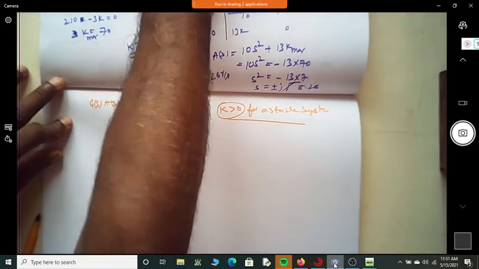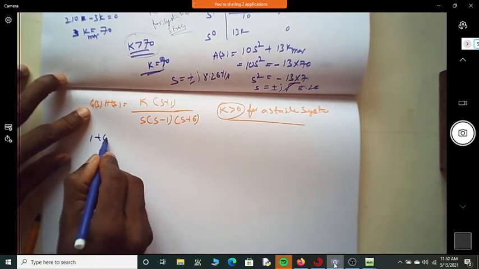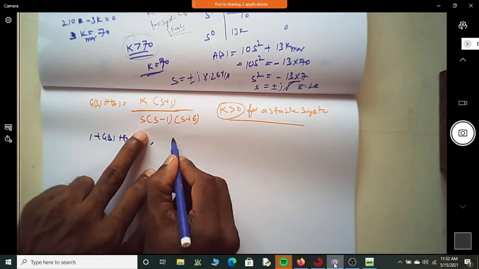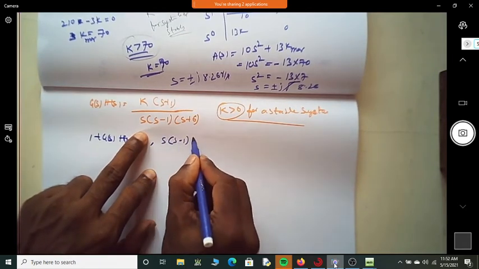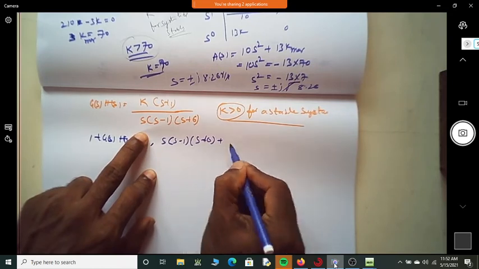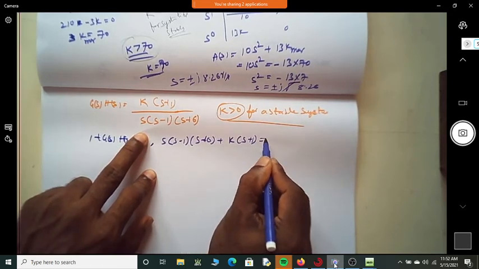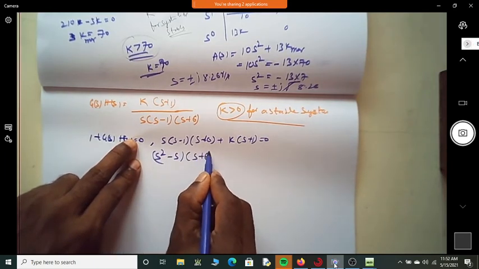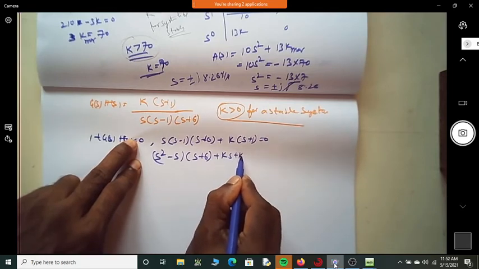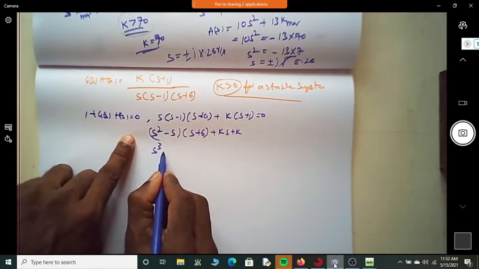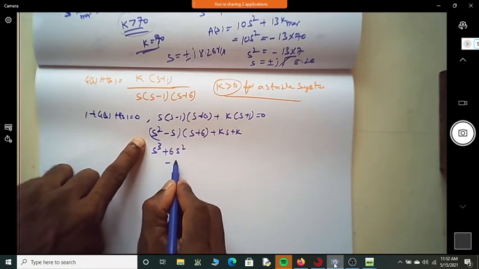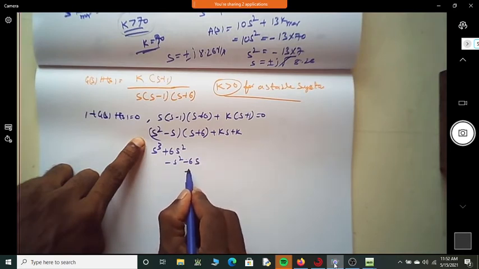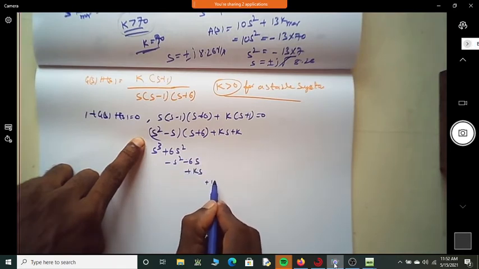So what I'm looking at is 1 plus G(s)H(s) equal to 0, which is now s(s minus 1)(s plus 6) plus K(s plus 1) equal to 0, which is s squared minus s times (s plus 6) plus Ks plus K. That gives s cube plus 6s squared minus s squared minus 6s plus Ks plus K. Correct?